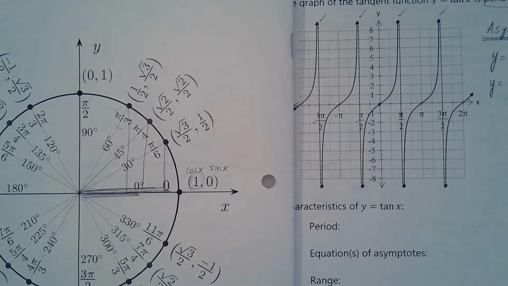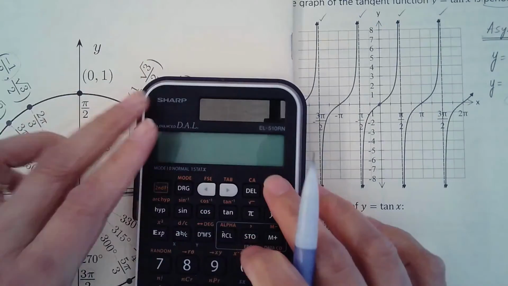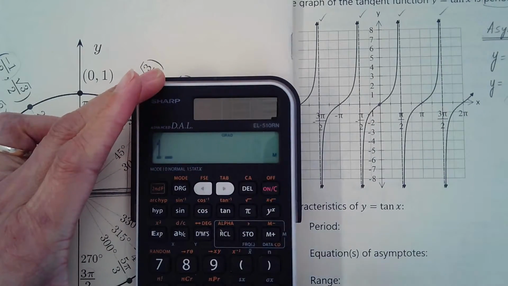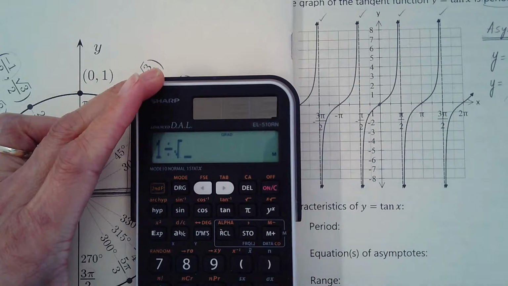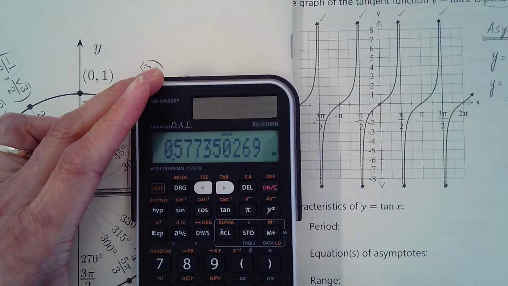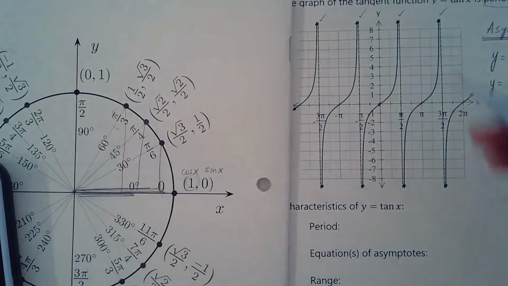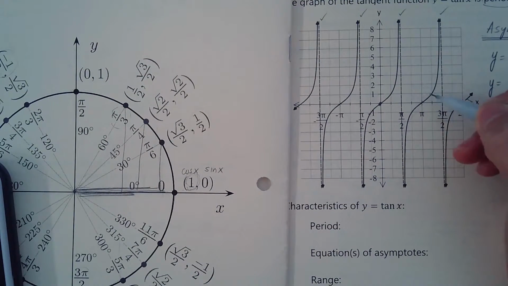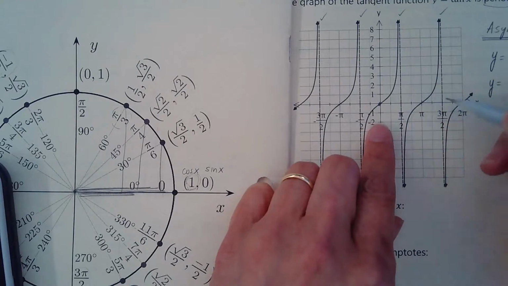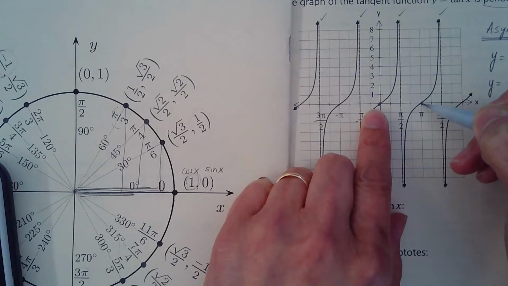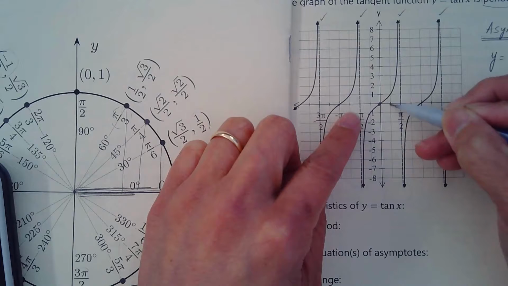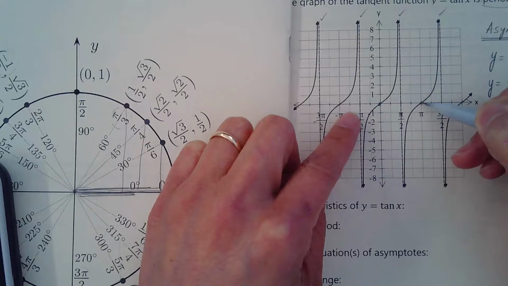And what's 1 over root of 3? Need my calculator. What's 1 divided by root of 3? About 0.6. Well, where's that? If this is pi, where's pi by 6? 1, 2, 3, 4.